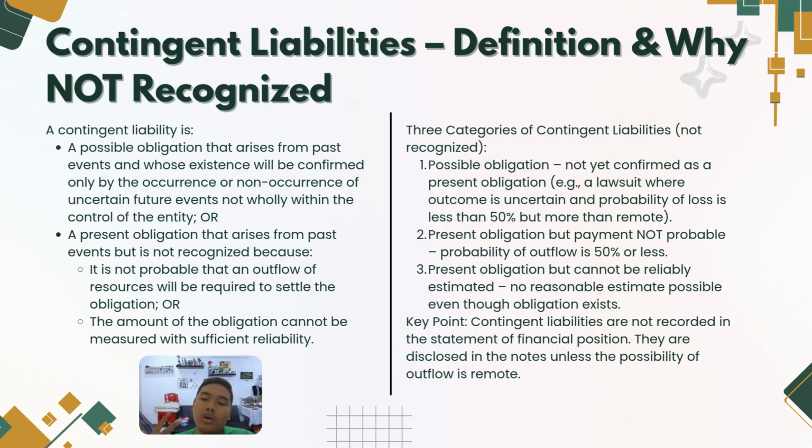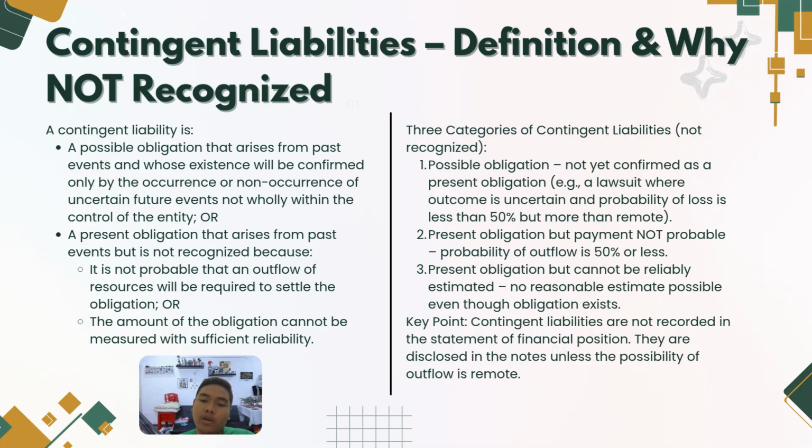There are three categories of contingent liability that are not recognized. First, a possible obligation that is not yet confirmed as a present obligation, for example, a lawsuit where the outcome is uncertain and the chance of loss is less than 50% but still more than remote. Second, a present obligation but payment is not probable, meaning the probability of outflow is 50% or less.